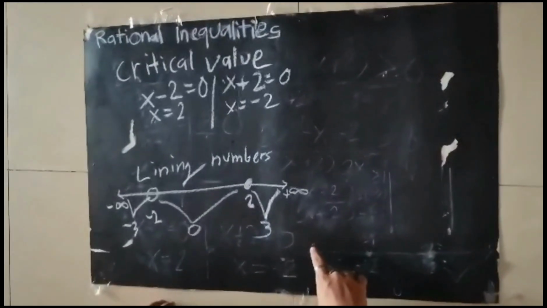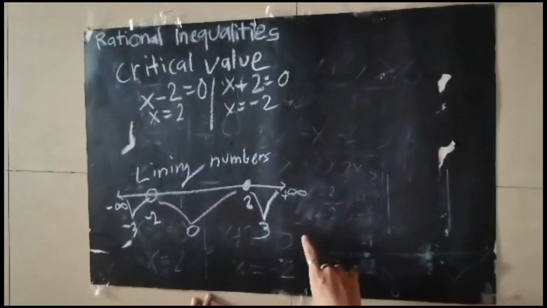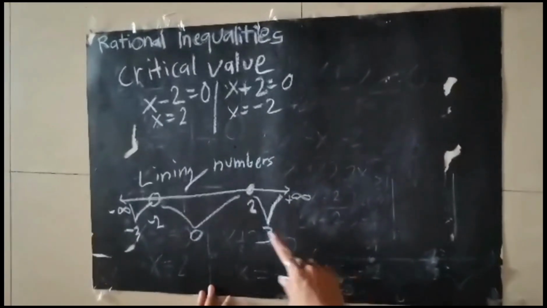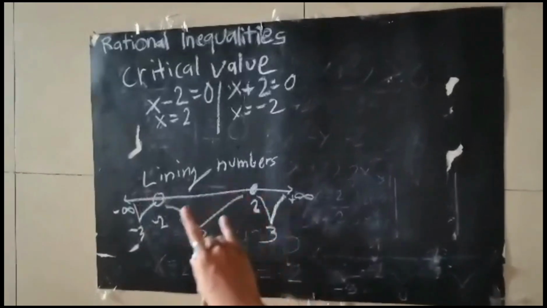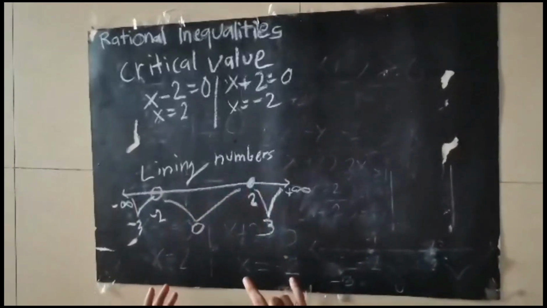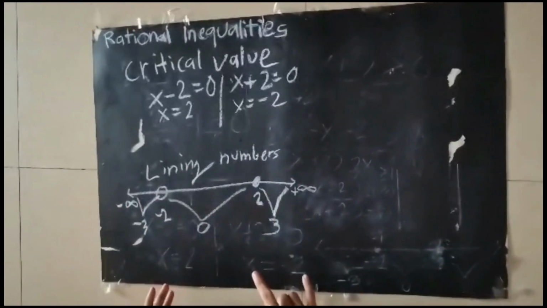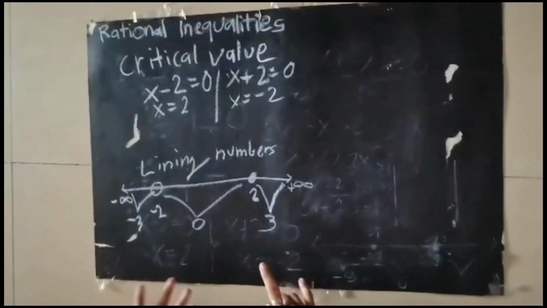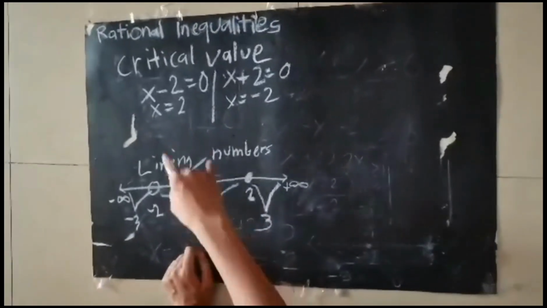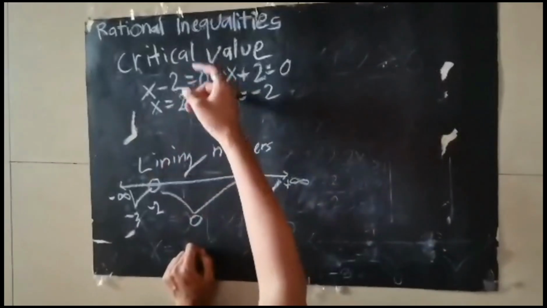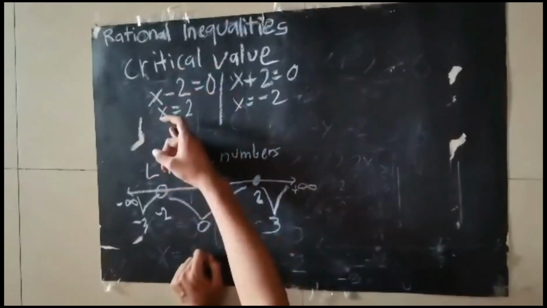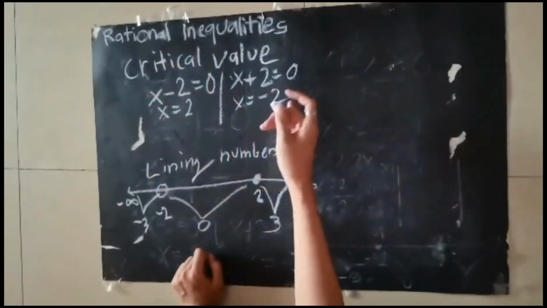After we got the general form of our rational inequality, we go to the next step, which is the critical values. Here we set the numerator x minus 2 equal to 0, which gives x equals positive 2.